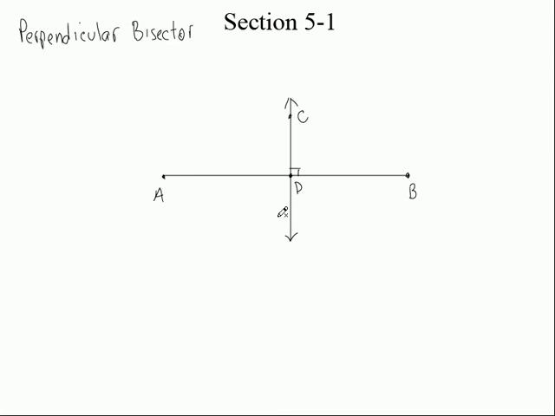So line CD is the perpendicular bisector of line segment AB. If you want to write that down, say line CD is the perpendicular bisector of line segment AB. So I write it like that.